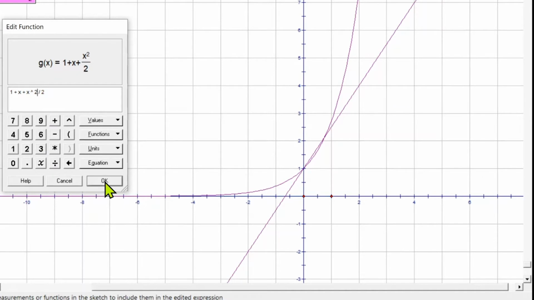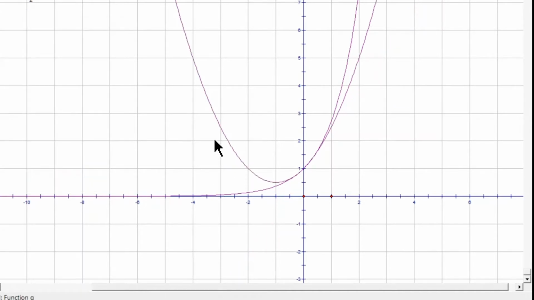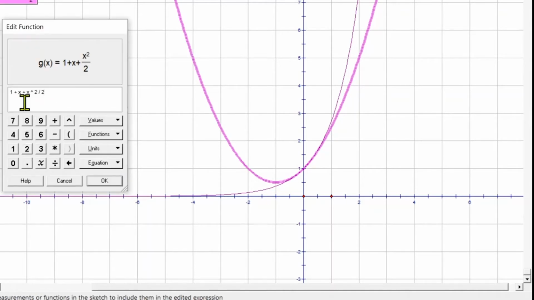Good. Actually it's remarkably good from about here to here, isn't it? And we have infinity. We only have 3 terms, and we have infinitely many more terms to go. Okay, plus x cubed over 3 factorial. I think I can do that much.